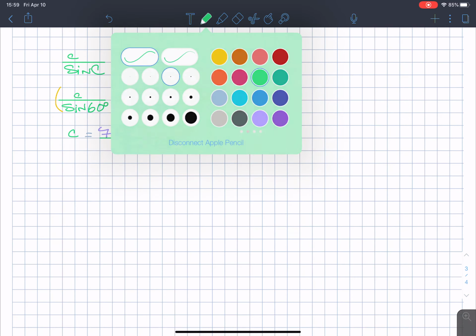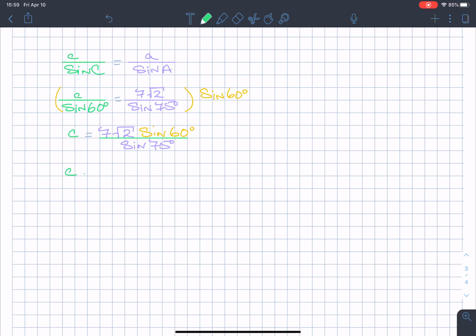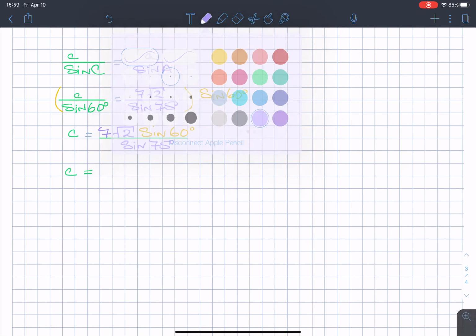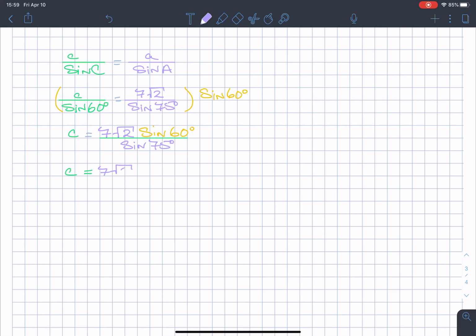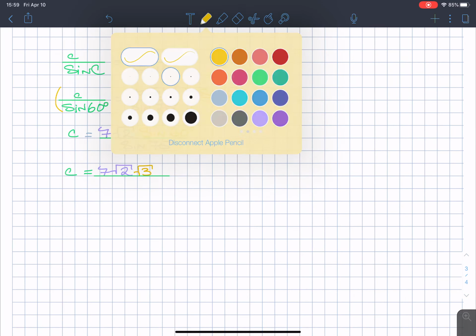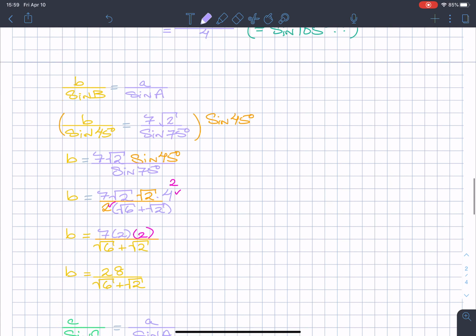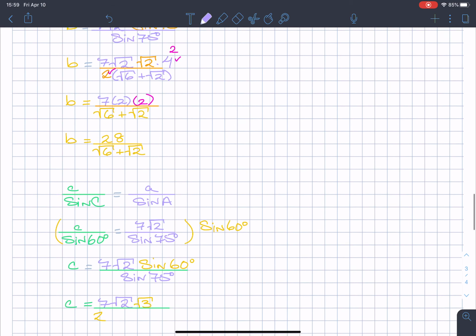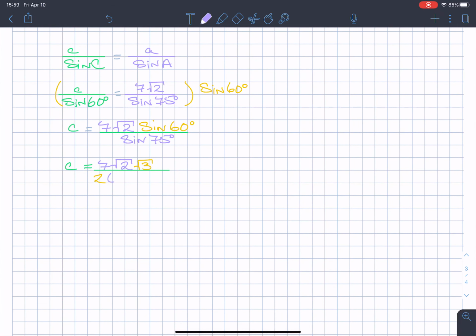Okay, so what do we have there? So we have 7 root 2. Sine of 60 degrees is the square root of 3, all divided by 2. Sine of 75 was the square root of 6 plus the square root of 2, all over 4, so that goes to the numerator.